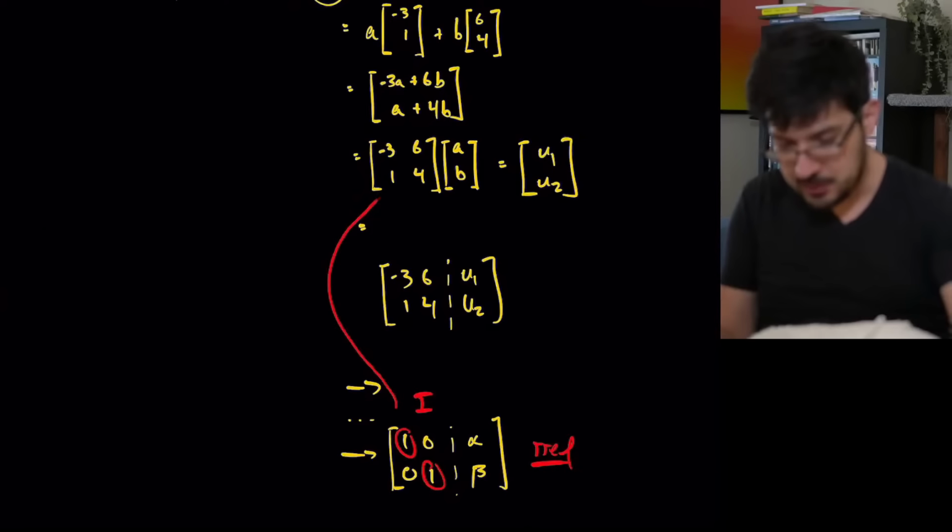So I could multiply the first row by -1/3, and then take the second row minus this new row. So 1 minus 1, 4 minus -2 is 6. Now this is in row echelon form, and it has 2 pivots.